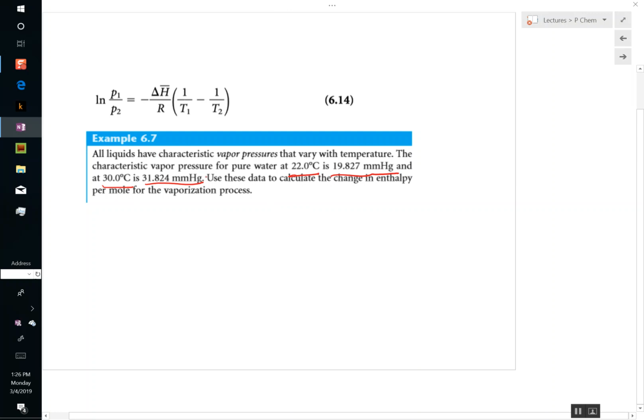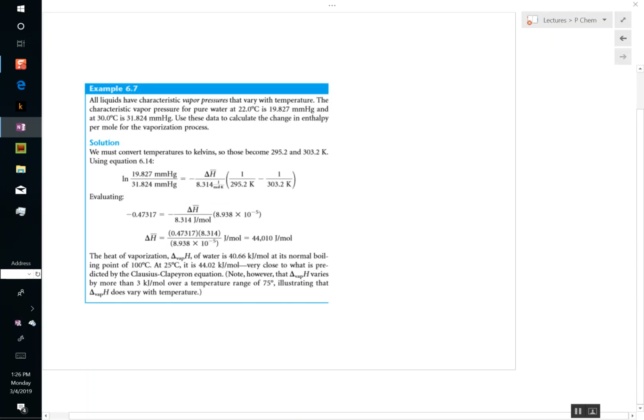Use these data to calculate the change in enthalpy per mole for the vaporization process. Rather than us try to calculate it, let's look at the solution.